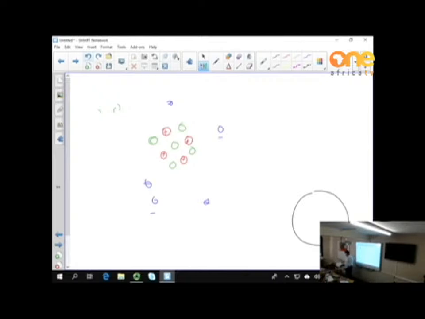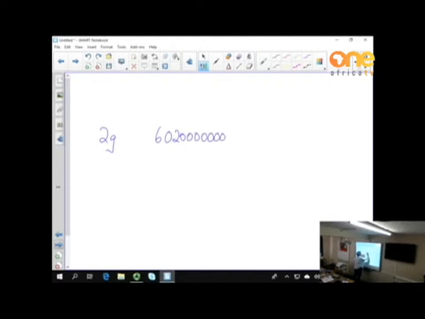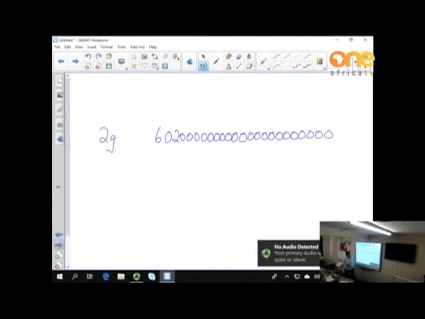How big are atoms and molecules? What's the answer to that one? They aren't big, they're very small. If I have 2 grams of hydrogen, just 2 grams, have you got an idea of how small 2 grams are? I will have 6.02 times 10 to the 23 hydrogen molecules.